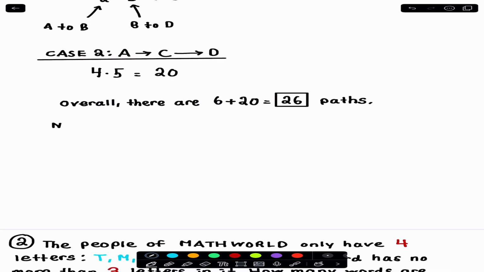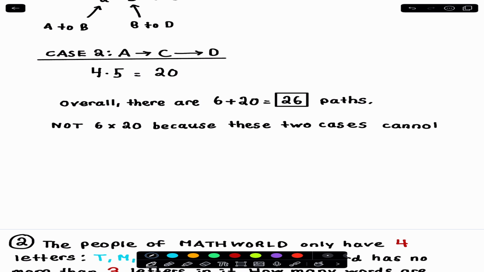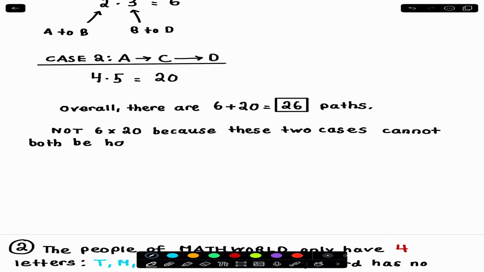The answer is not 6 times 20, simply because these 2 cases cannot both be happening at the same time. So you can see what I mean by the idea of there being no overlap.